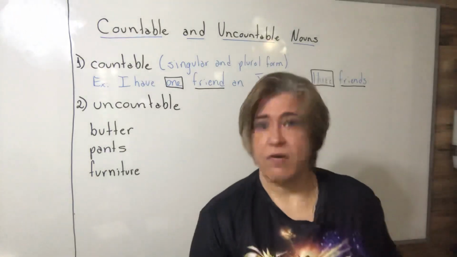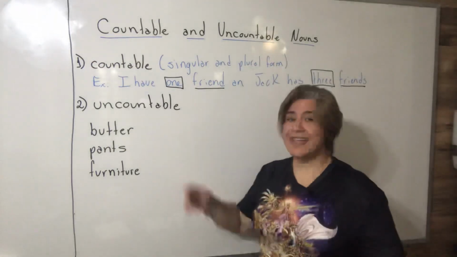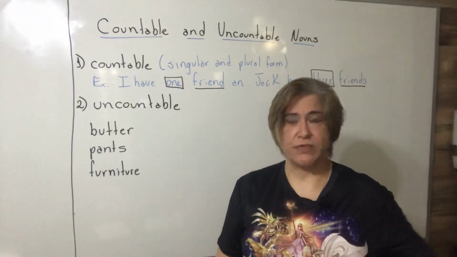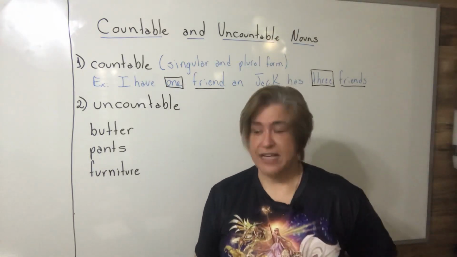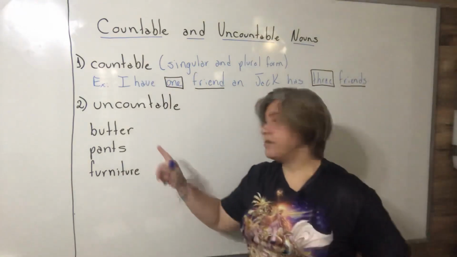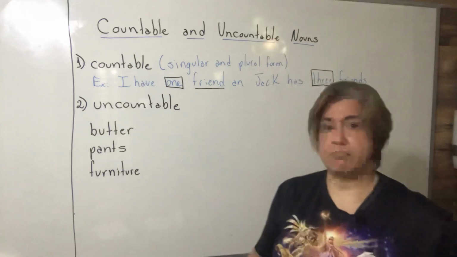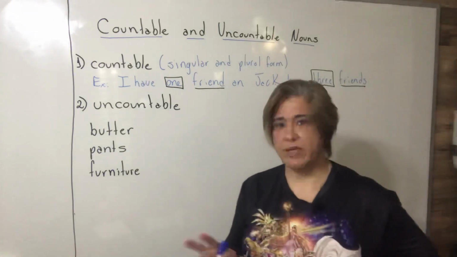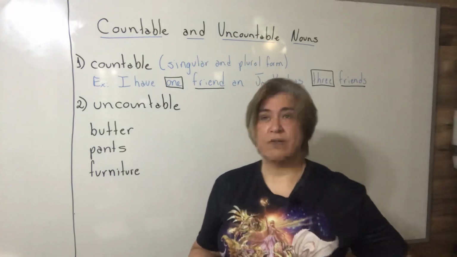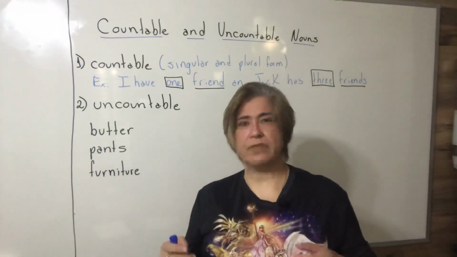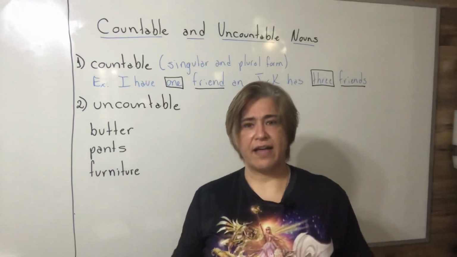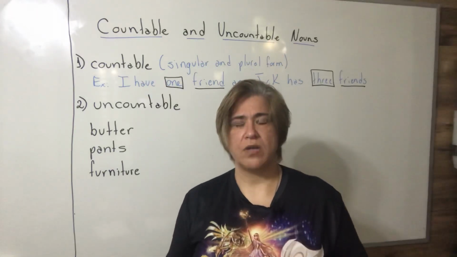Okay? All right. Now, we have the words uncountable. Uncountable is incontável, so we can't count. Let's analyze this. Example, butter or butter. Butter, okay, pronunciation. Butter is manteiga, okay? Now, think, we are talking about substances like café, água, manteiga, sal.